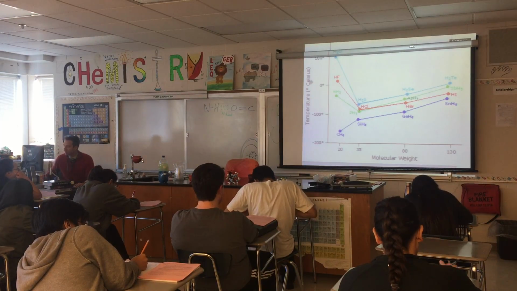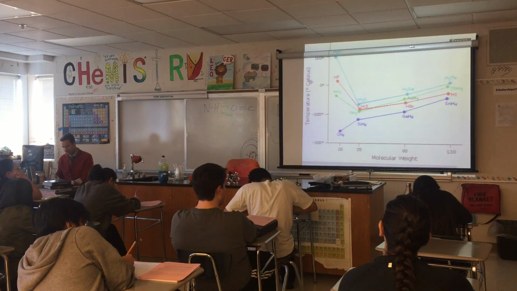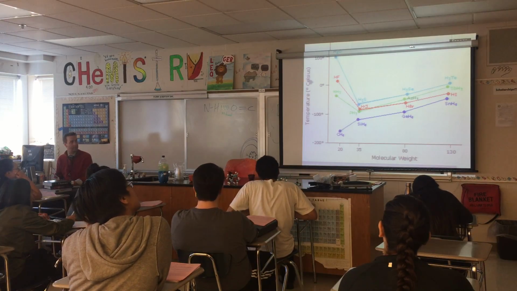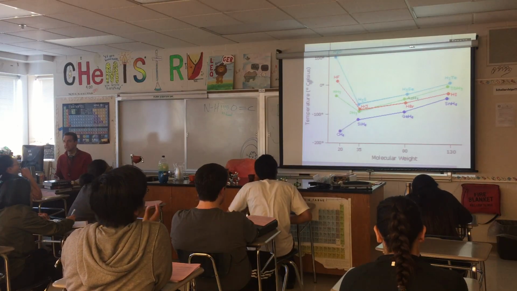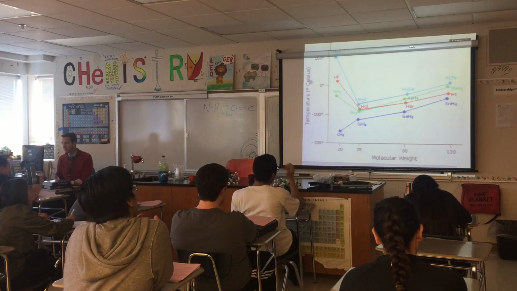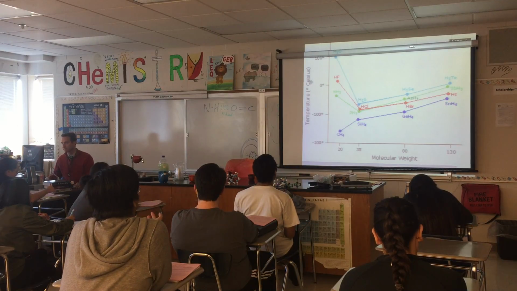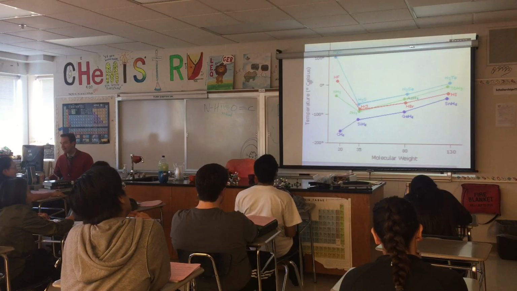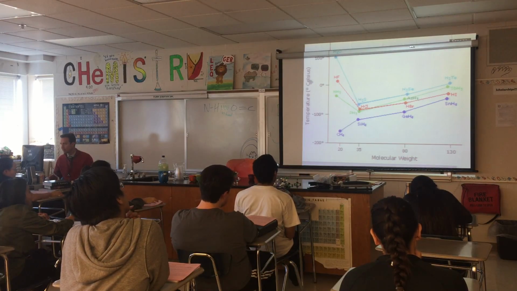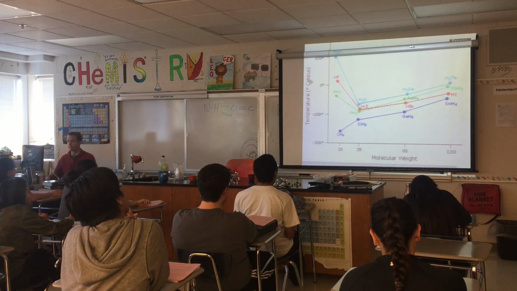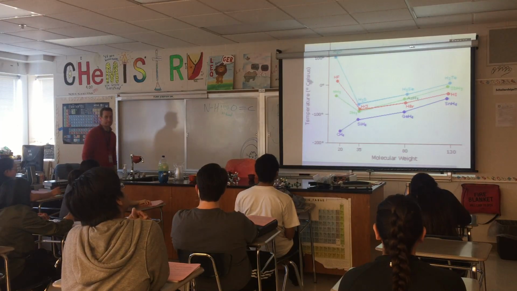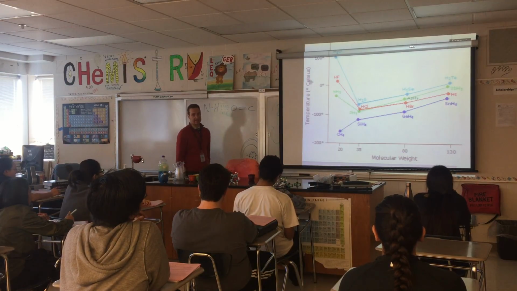And now I can try to make that point even more clear because look at the red ones. HCl, HBr, and HI. Why does HI have a higher boiling point than HCl? It's the biggest.